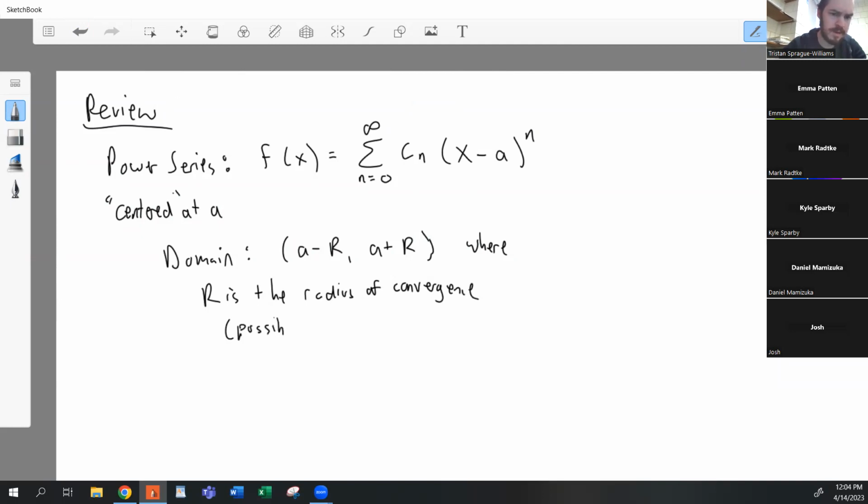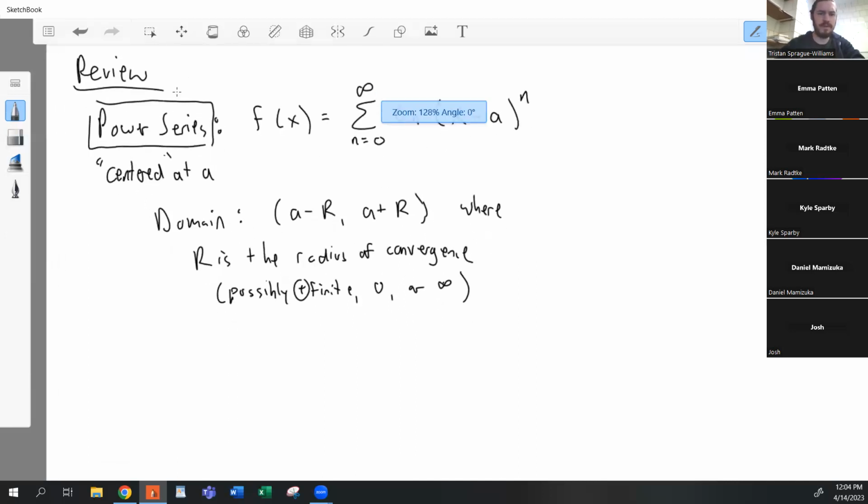Possibly positive finite, 0, or infinity. You could have a radius of 0, which would be just convergent at a. You could have a radius of infinity, which would be convergent everywhere. Anyway, so that is this concept we have established of a power series.